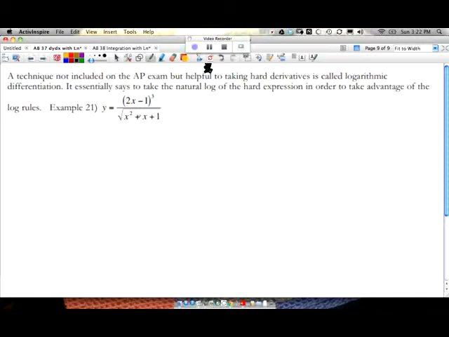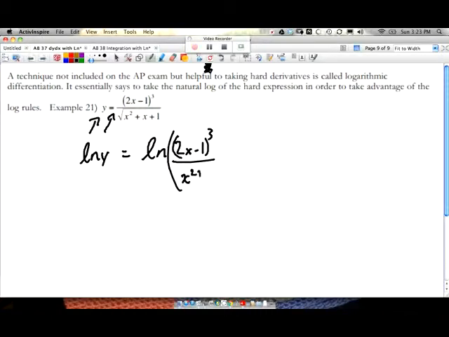It's not here yet, but I can apply natural log to both sides, the same way that you would do any other kind of step in algebra where you manipulate both sides of an equation equally. That would change this into natural log of y equals natural log of 2x minus 1 cubed over this other stuff, x squared plus x plus 1 to the 1/2.